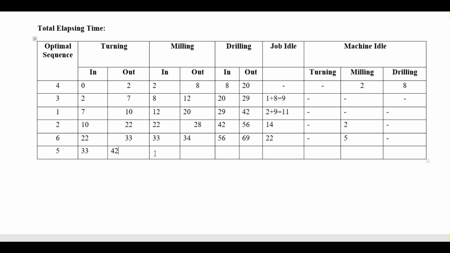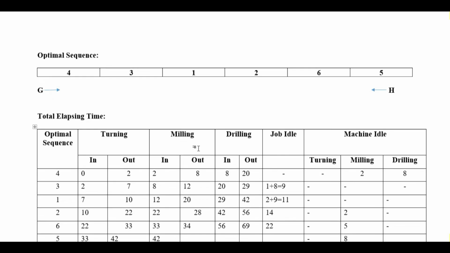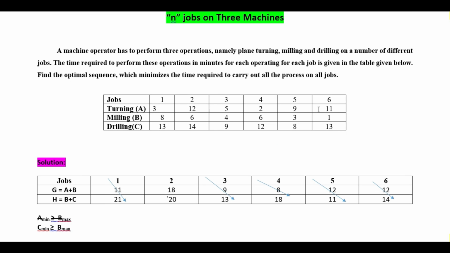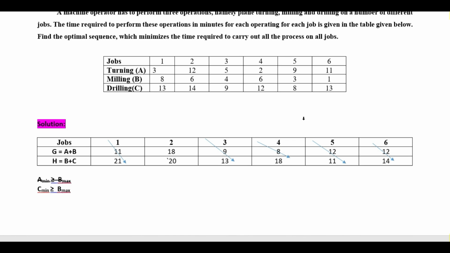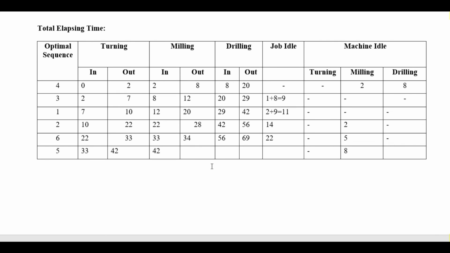So the milling machine has to wait up to 8 minutes. After the 42nd minute the job can be loaded into the milling machine. The processing time for the fifth job will be 3, so 42 plus 3, 45.